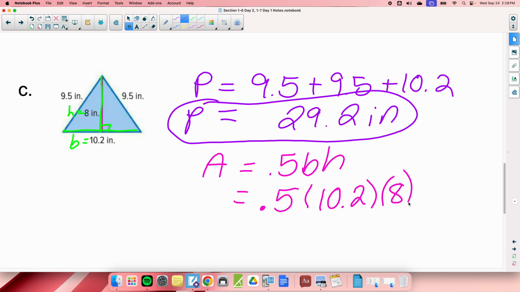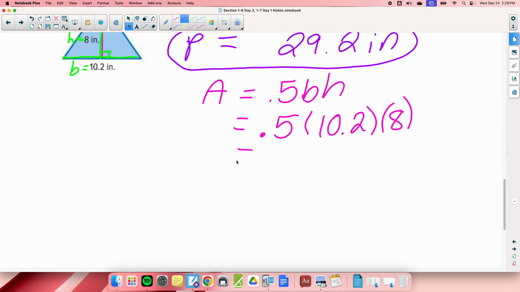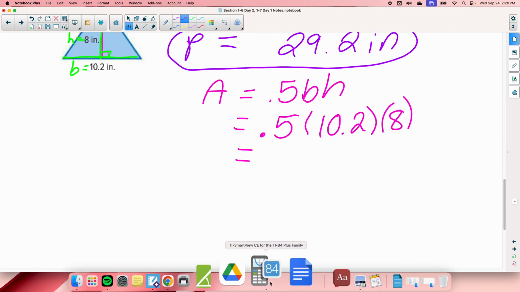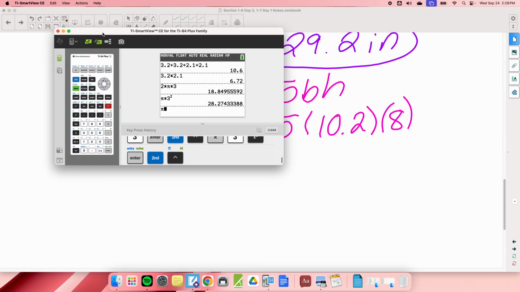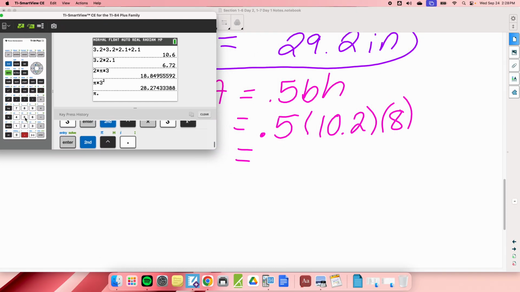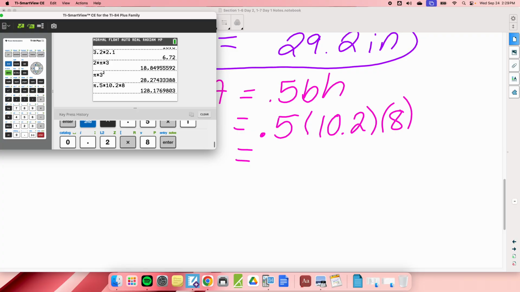The height has to form a right angle. So now we are going to do 0.5 times 10.2 times 8.